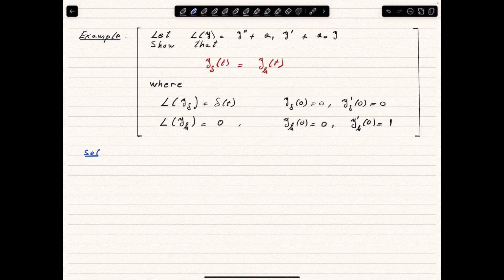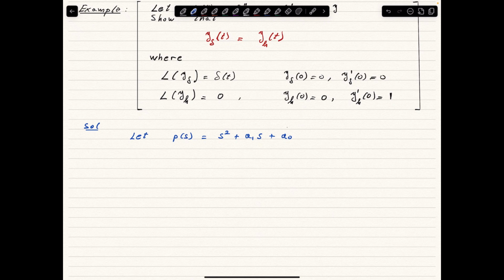Solution. So let's recall that the characteristic polynomial of the operator is going to be s squared plus a1 s plus a0. With that in mind, let's solve the first problem, this one here.